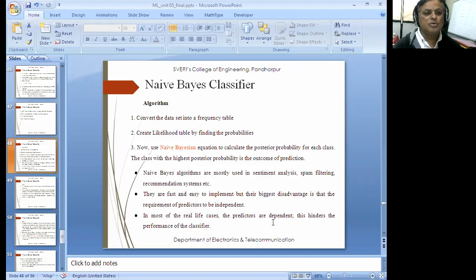The algorithm: convert the data into a frequency table, then create the likelihood table by finding the probabilities, and then use the Naive Bayesian equation to calculate the posterior probability of each class. यानी कि पहले आप लाइक्लीहुड टेबल बना लेते हो और बाद में पोस्टेरियर प्रोबेबिलिटी फॉर ईच क्लास निकालते हो। द क्लास जिसमें हाईएस्ट पोस्टेरियर प्रोबेबिलिटी होगा वो होगा आपका आउटकम ऑफ द प्रेडिक्शन.